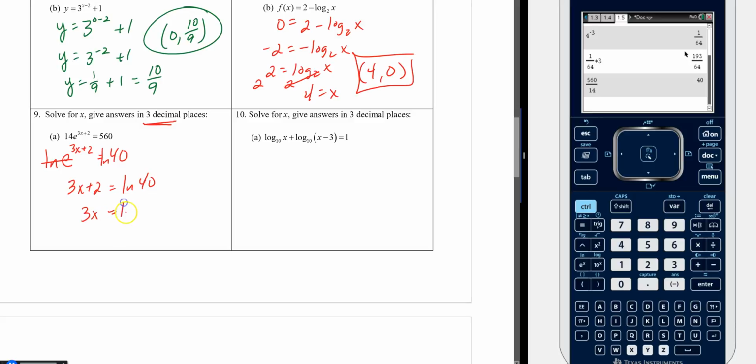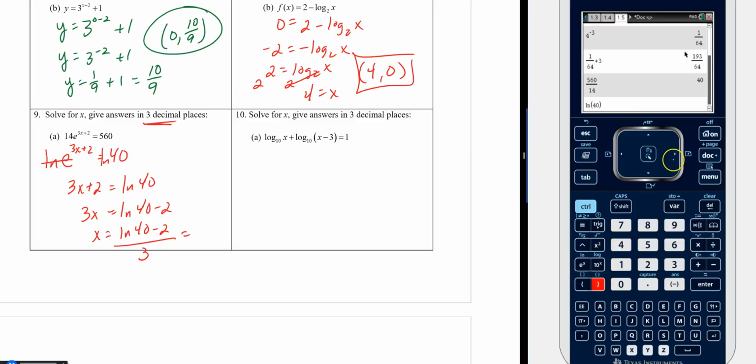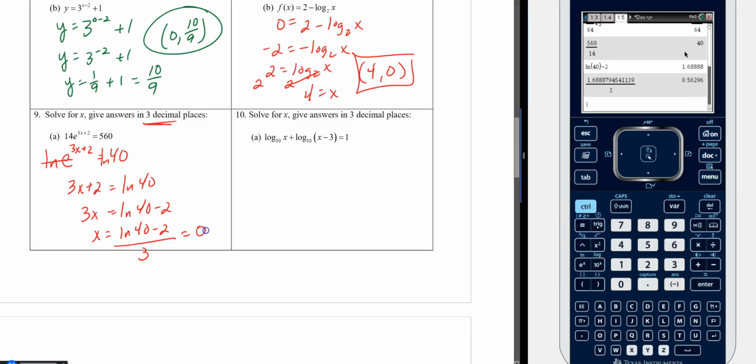Subtract the 2. Divide by 3. Remember we talked about in class waiting until the last second to get your final answer. I'm not going to use the calculator until right now. So now I have the natural log of 40 minus 2, divided by 3, which gives me 0.563.